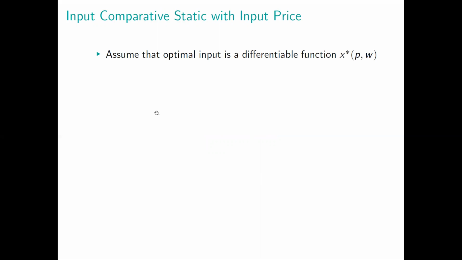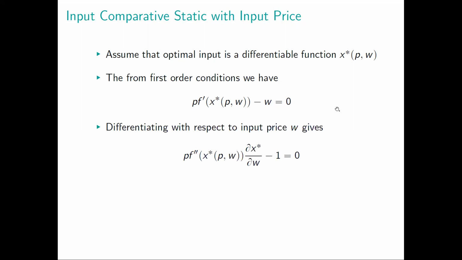So how are we going to do the input comparative statics? Well, first assume that the optimal input is a differentiable function given by this x star that depends on output price and input price. From the first order conditions, we have that p times the derivative of our production function evaluated at optimal input minus w is equal to 0.